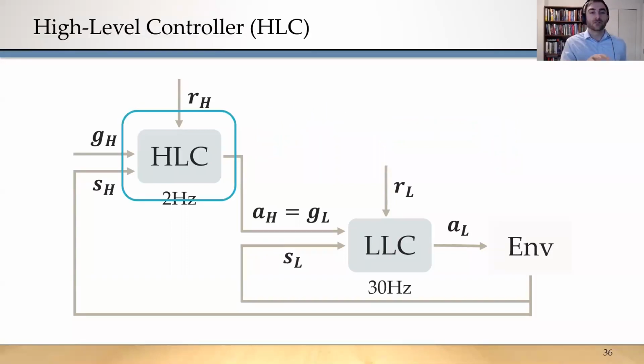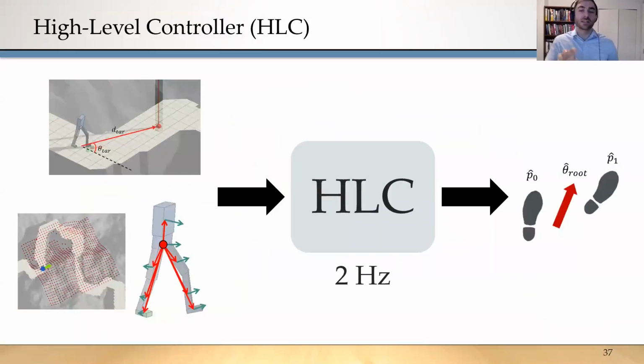Let me get into some more details for how the high-level controller is trained. In this case, the high-level controller policy has some of the same inputs, but some additional ones that are important. It still has as input the overall pose and dynamics of the character in the simulation. There's now a slightly different goal input that is basically the distance and direction that the current goal is away from the agent.